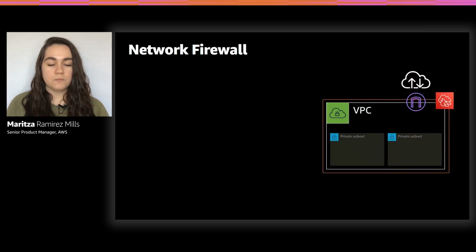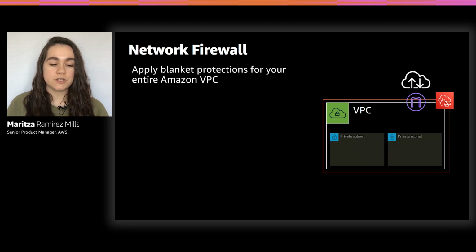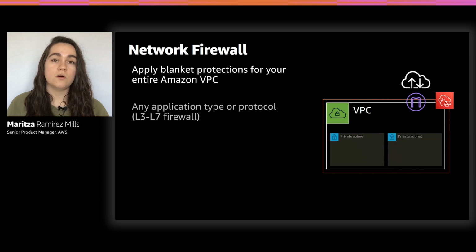AWS Network Firewall is a highly available, scalable firewall service from AWS where the infrastructure is fully managed. This firewall service allows you to apply blanket protections across your entire VPC, regardless of the application type or protocol. This means that you can inspect traffic at layers 3 through 7 of the OSI model, both at the network layer up through the application layer.